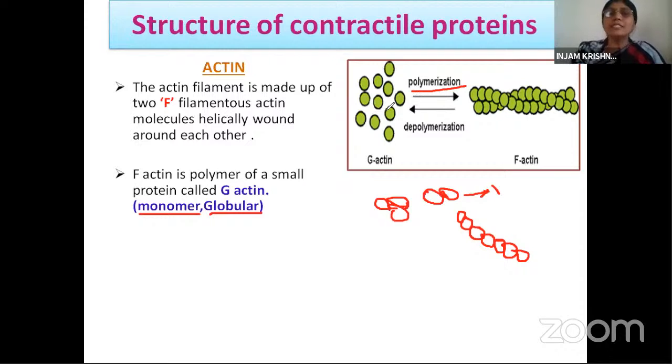Due to polymerization, F-actin, filamentous actin, is formed.